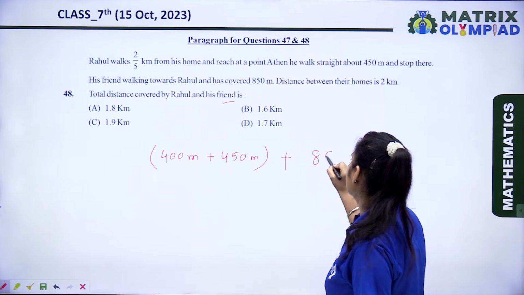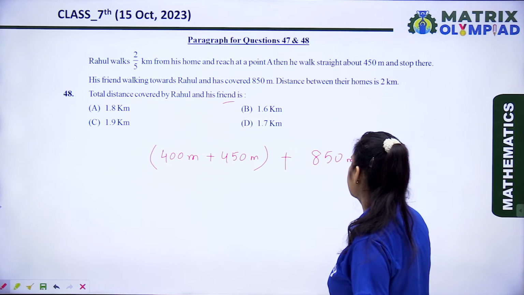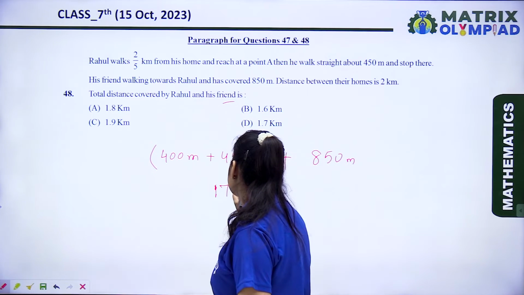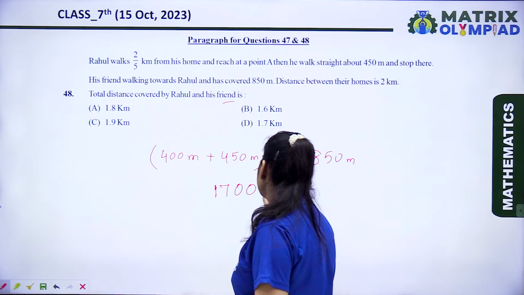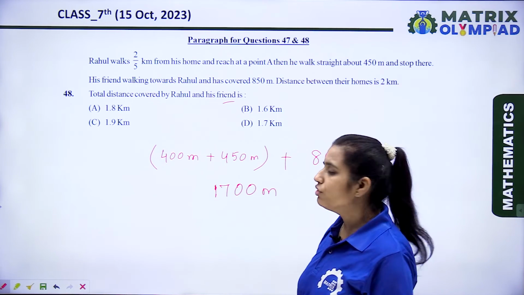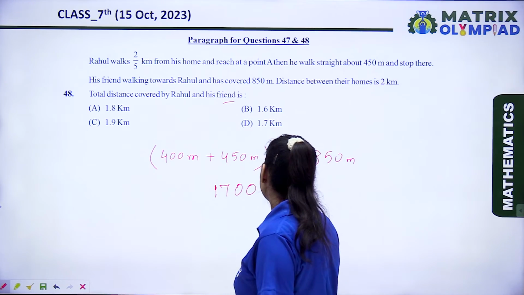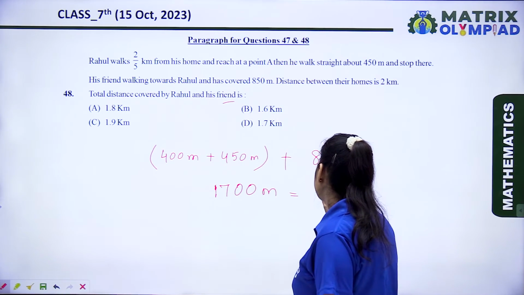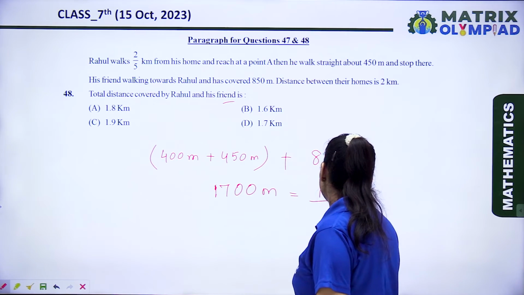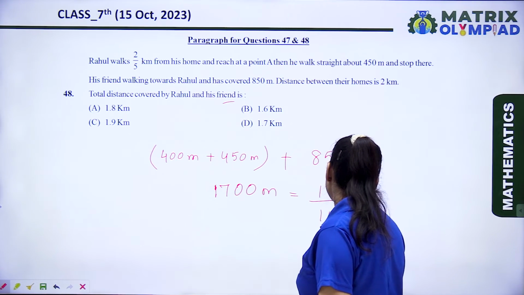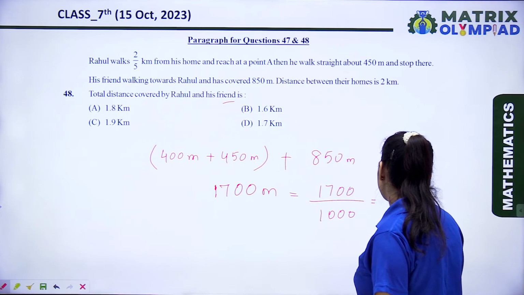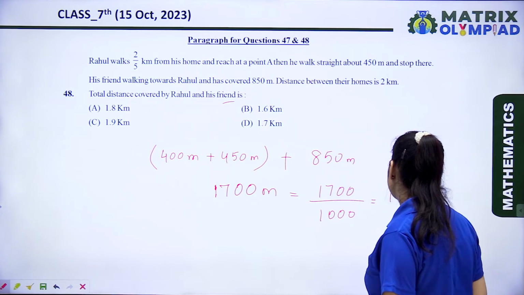That is 850 meter. So here after calculation we get 1700 meter. But the answer is given in the kilometer form. So we are going to convert this meter into kilometer, and after dividing it by 1000 we get 1.7 kilometer.